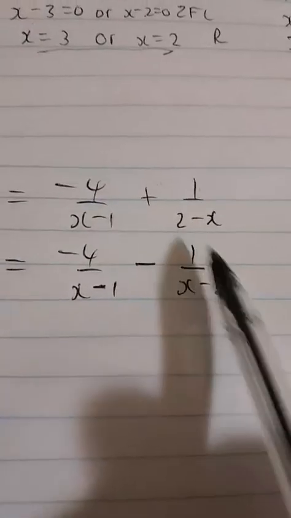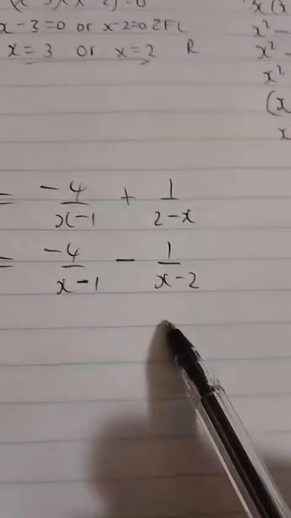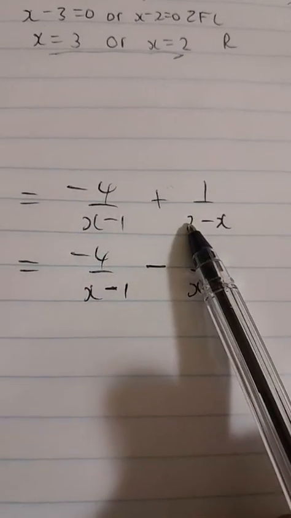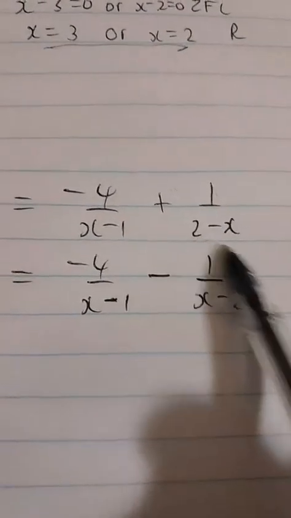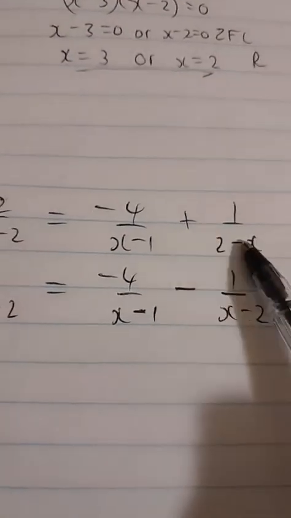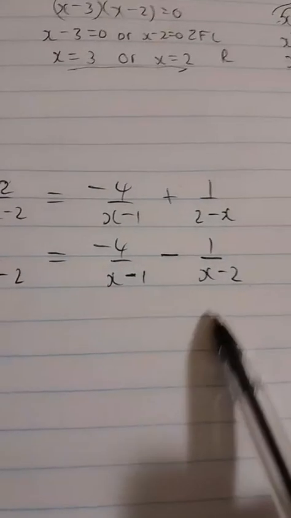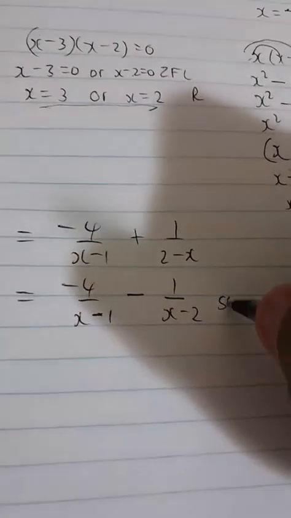This only applies when we have an expression that has negative signs in between. If we are interested in changing the order and putting the x term first, then we change the sign, we change the order, and then we proceed from there. That is a type of factorization: the sign change rule.